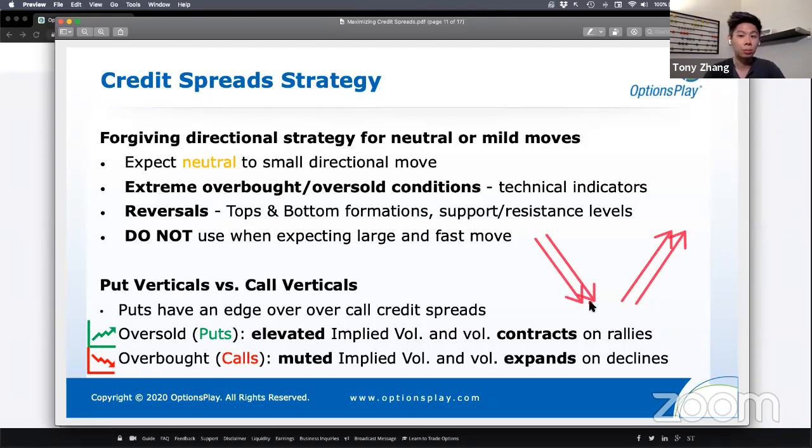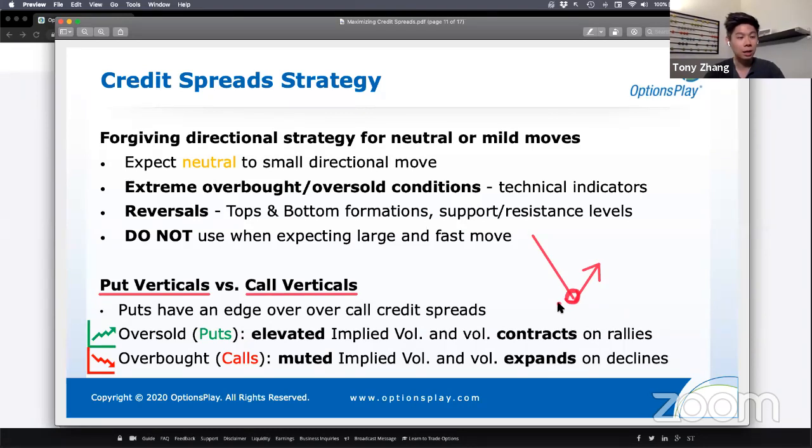So one of the things that's important to learn from this is the fact that put credit spreads have a slight edge over call credit spreads, because when you're selling a put credit spread when things are oversold, you generally want to enter after the stock has bottomed and you think that the stock is now going to reverse higher.